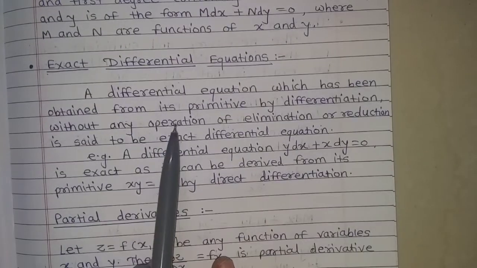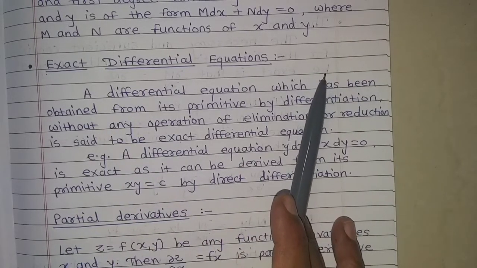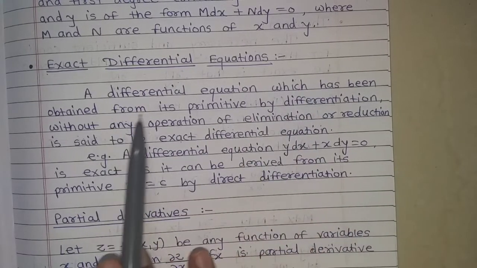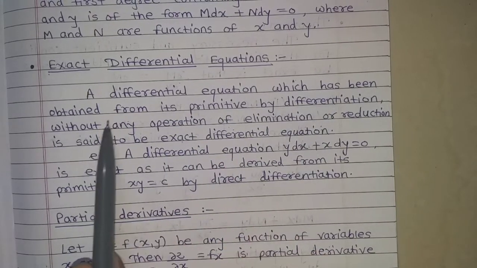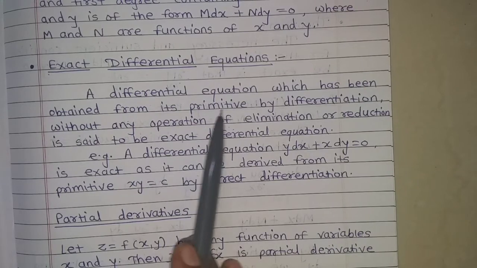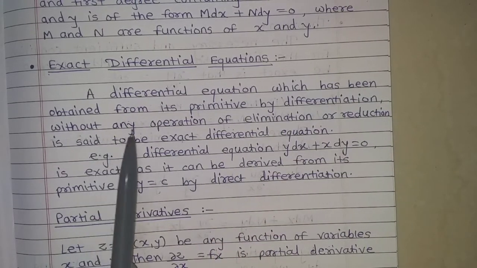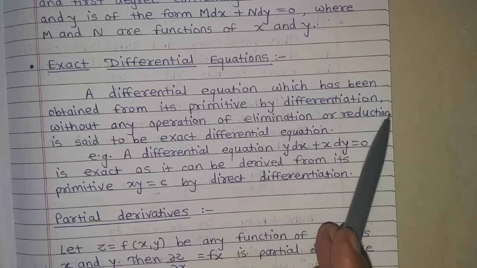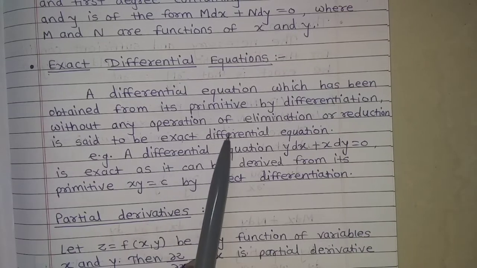Let us consider first the definition of exact differential equation. A differential equation which has been obtained from its primitive by differentiation only without any operation of elimination or reduction is said to be exact differential equation.